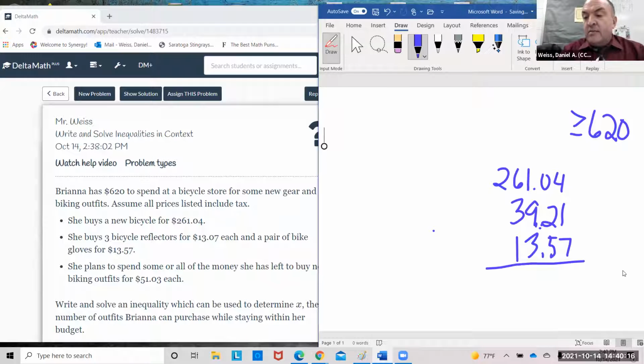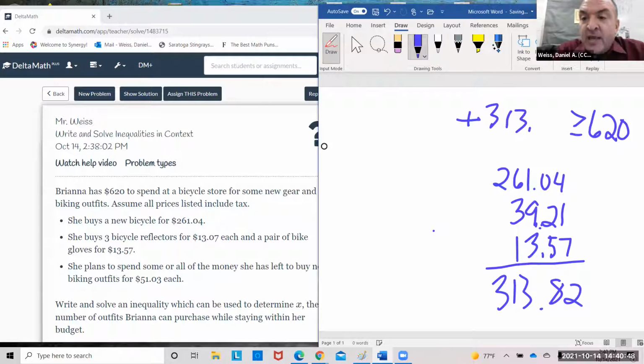When I add all of that together, 261.04 plus 39.21 plus 13.57 gives me 313.82. So I need you to put all these numbers together to make plus 313.82.